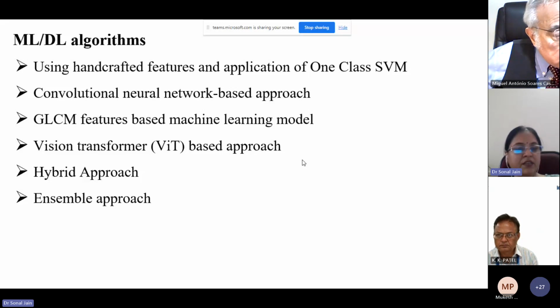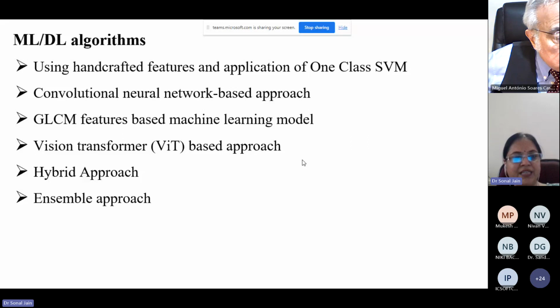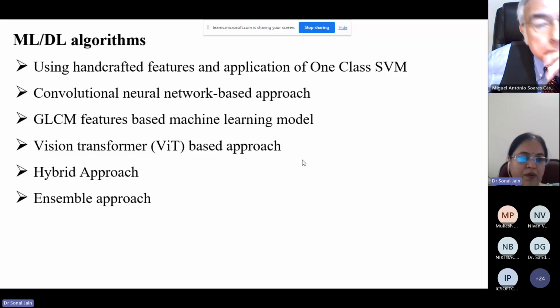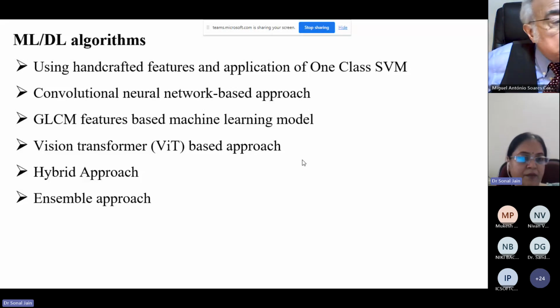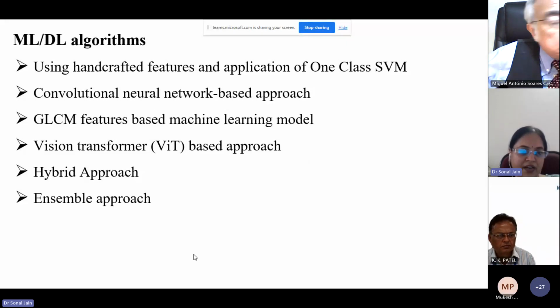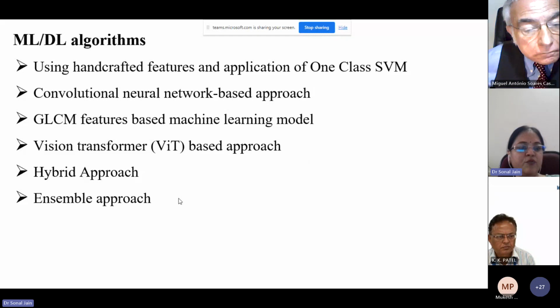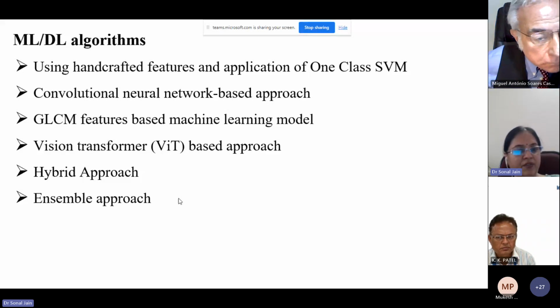There's a paper called An Image is Worth 16x16 Words, which is now quite popular, and many people have started applying transformer models on images based on that paper. A hybrid approach was preferred because of certain differences, which I will share within a few minutes. And at the end, we preferred the ensemble approach.